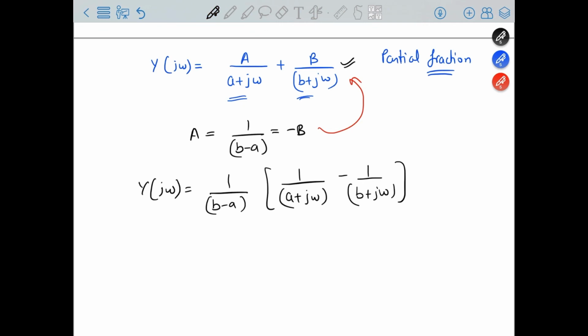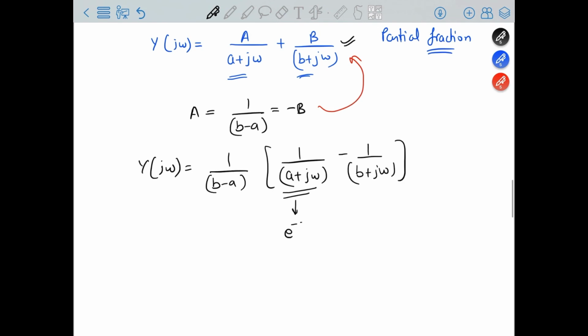This form looks familiar, since we have the Fourier transform 1 over a plus j omega, and we know its inverse Fourier transform is e raised to the power minus at u(t). Similarly, the inverse Fourier transform of the other term is e raised to the power minus bt u(t), and we are multiplying by 1 over (b minus a). So this is your expression for y of t.